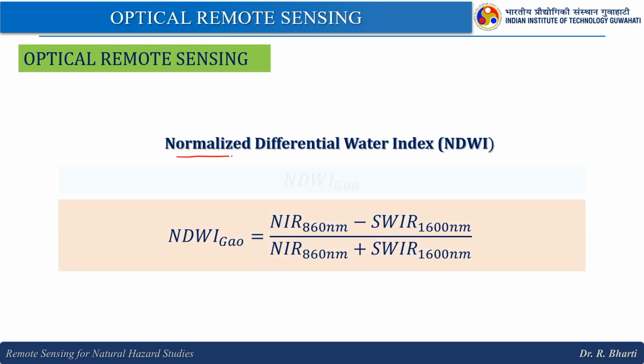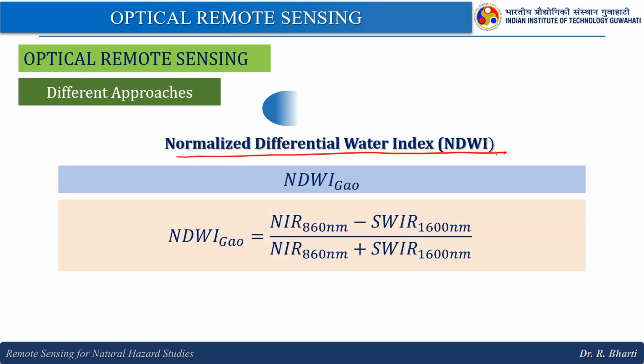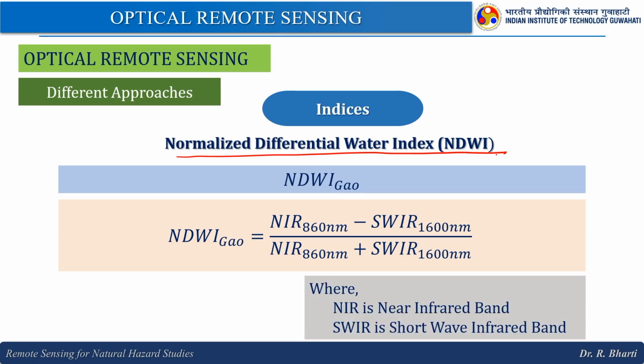The normalized difference water index is one of the very popular methods used to identify moisture content, right. This NDWI Gao was developed by Gao et al. Here you can see the NIR band of 860 nanometer.